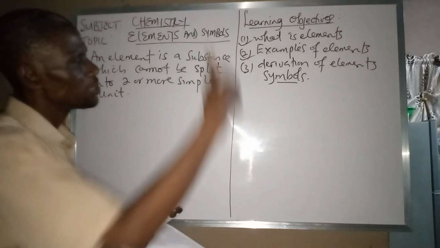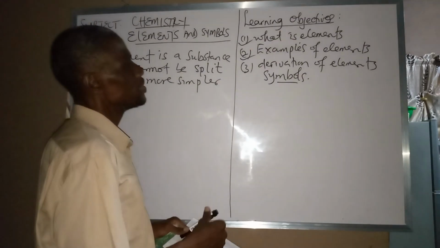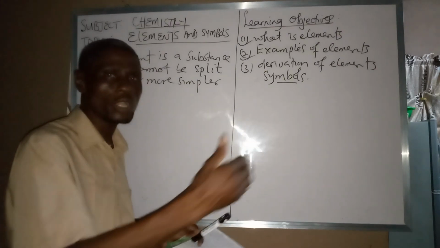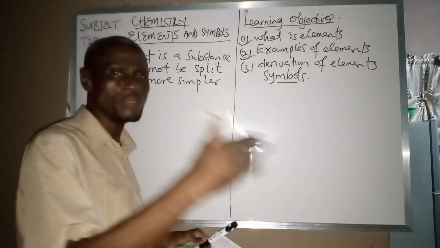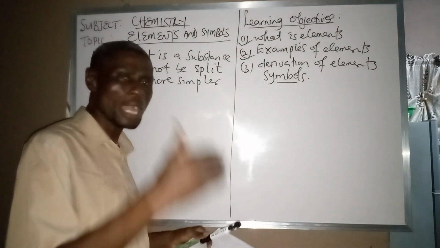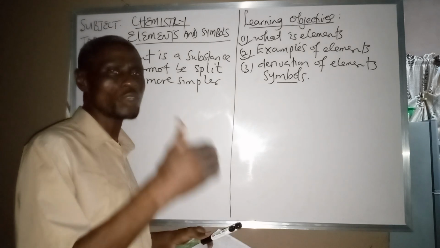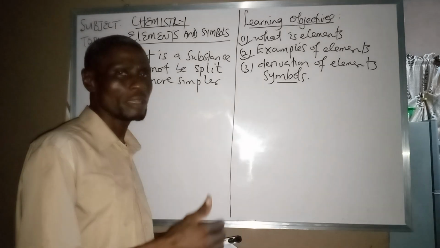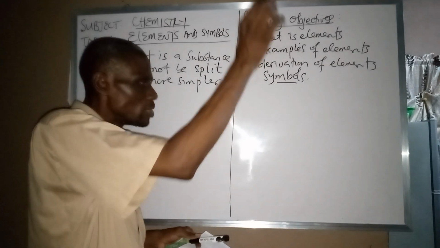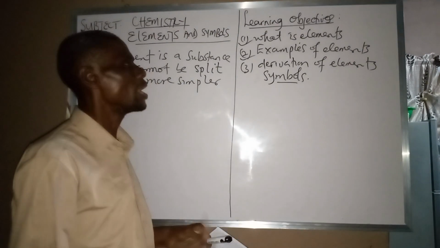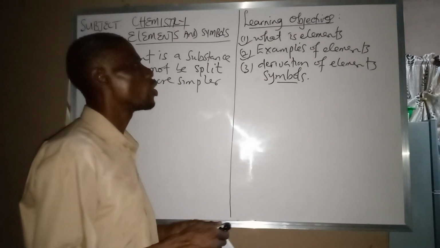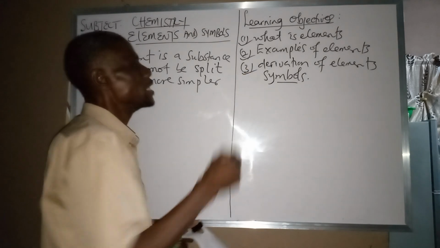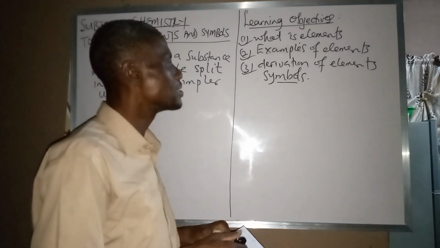If you look at the periodic table, the first 20 elements are hydrogen, helium, lithium, beryllium, boron, carbon, nitrogen, oxygen, fluorine, neon, and the rest. And each one of them has what is called a symbol.